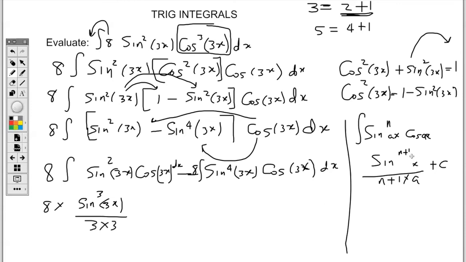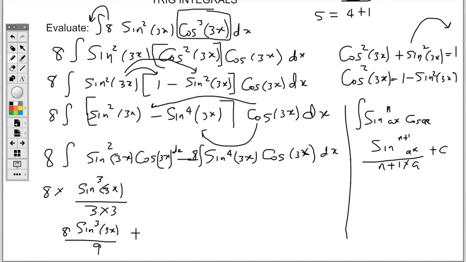By recognition, this is the power n plus 1, and then if you have a, then we multiply the denominator by a. So a is 3, so that's why I have this 3, and I would add 1 to this, so it's 2 plus 1 to give me 3, and I'll also have the 3 here. So 3 times 3 is 9, so that means I have 8 sine cube 3x over 9.